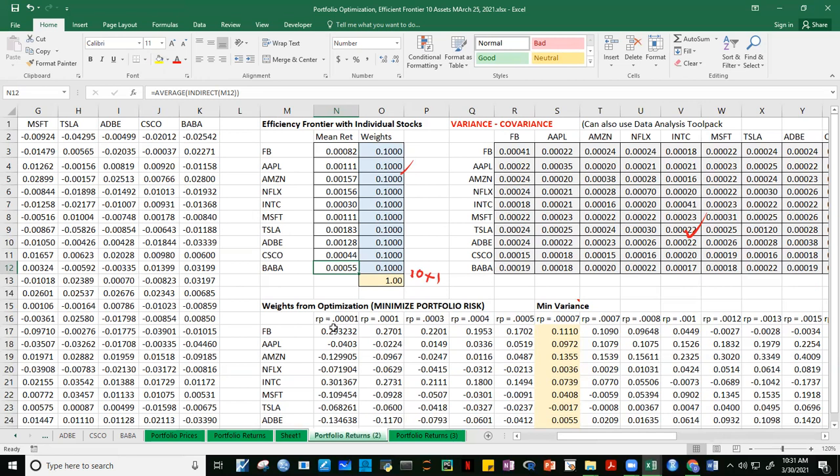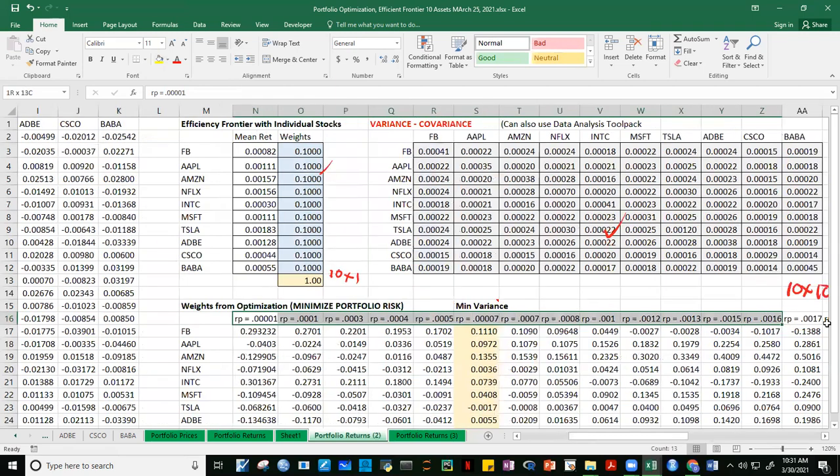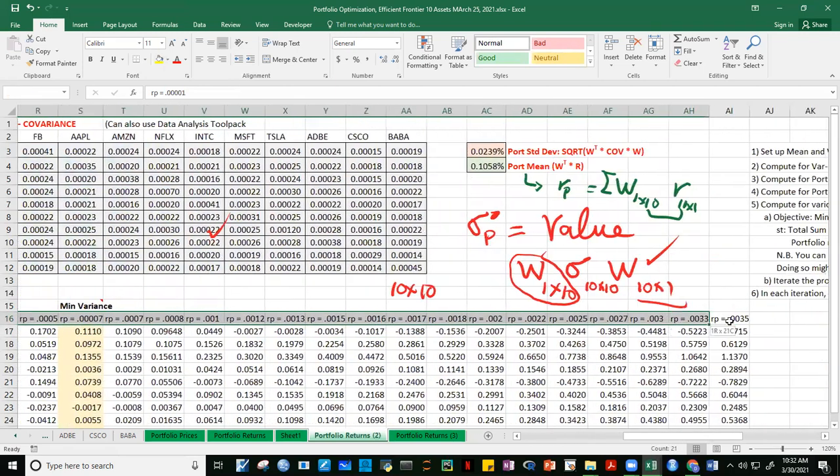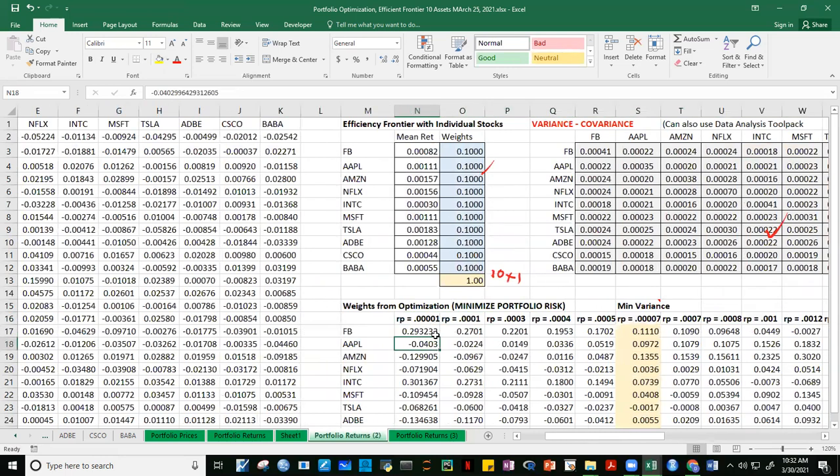So pinili ko lang 0.0001. It's an arbitrary number lang to, no? So ang gagawin naman natin, ito, Luisa, these are assumed. Parang nagtatanong ka, paano ko ang return ng portfolio 0.001?